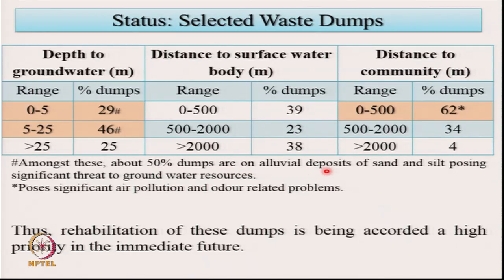Alluvial deposits mean silty sand, sandy silt. So their water table is between 25 meters and the subsoil is pervious. That's trouble. If it was 20 meters but you had clay, you could be safe, because the rate of travel of leachate, as we have done, is pretty slow.